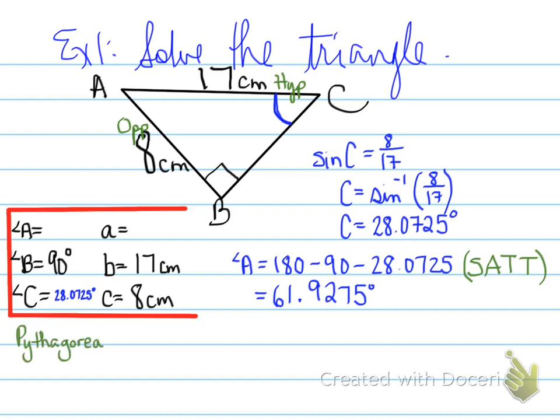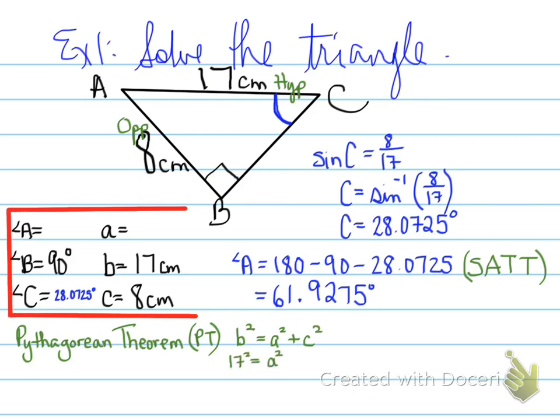Next thing we can use is the Pythagorean Theorem to determine side a. This side is known as little a because it is opposite big A. So we need to find little a. Using the Pythagorean Theorem, b squared, this side, the hypotenuse squared, equals the sum of the squares of the other two sides.